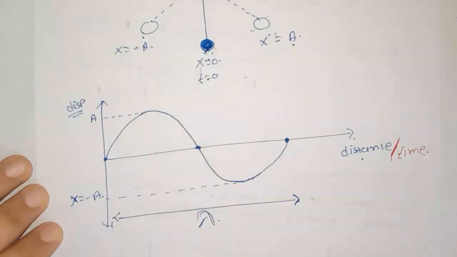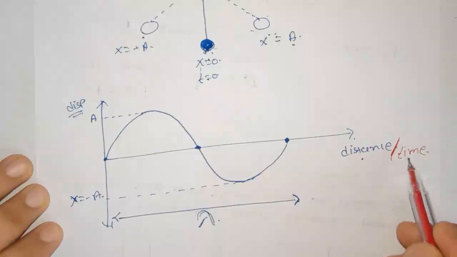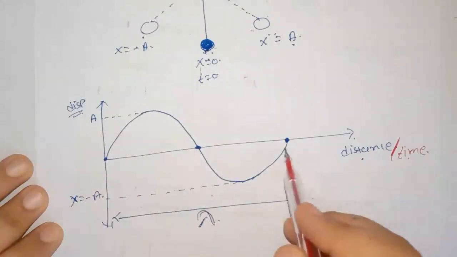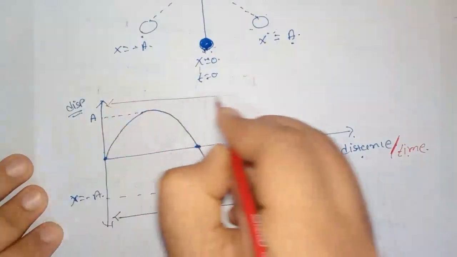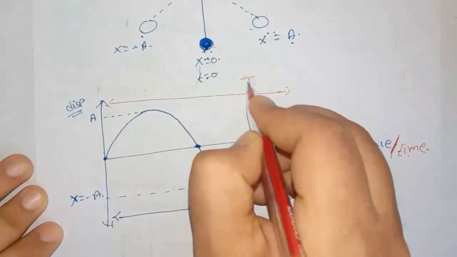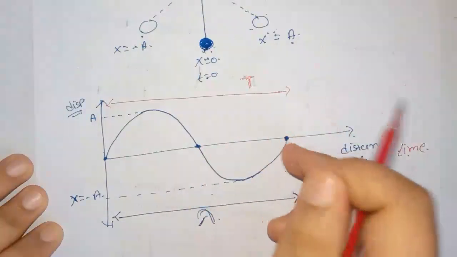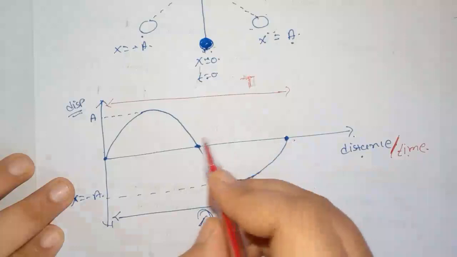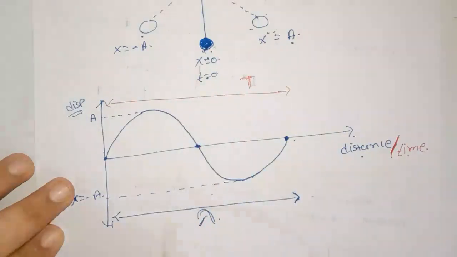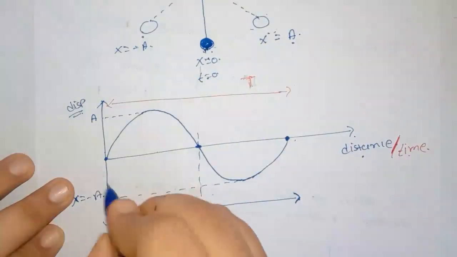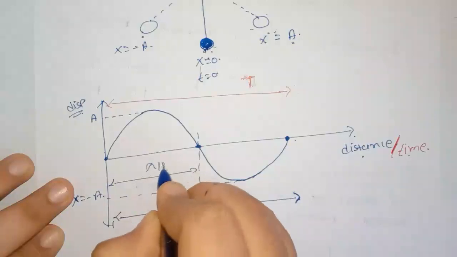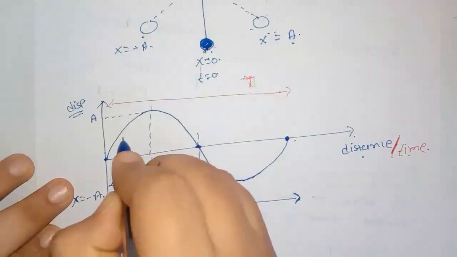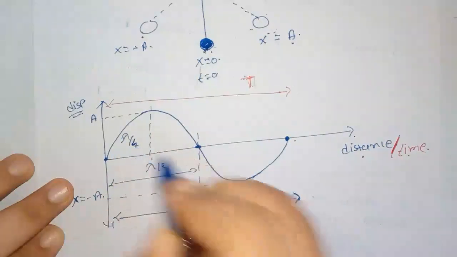Now if we have taken time on the x-axis, then the time taken to complete one oscillation is called time period, capital T. If this whole distance is lambda, then half will be lambda by 2, and a quarter will be lambda by 4.